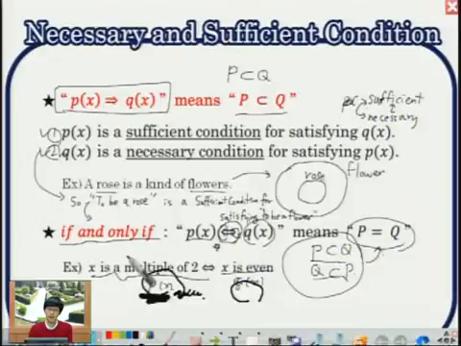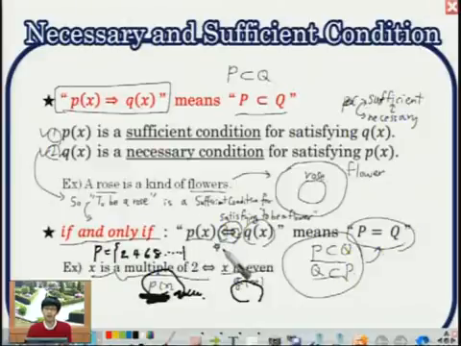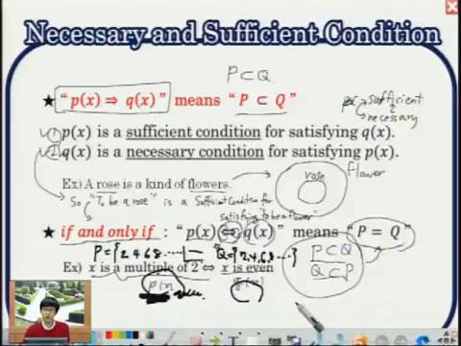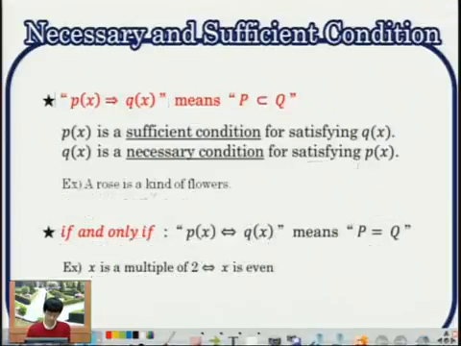So the true set P will be composed of 2, 4, 6, 8, like this. And Q is composed of 2, 4, 6, 8. These two will be exactly the same. So we say Px if and only if Qx. This means these two are exactly the same. This will not be that hard. You can follow me.